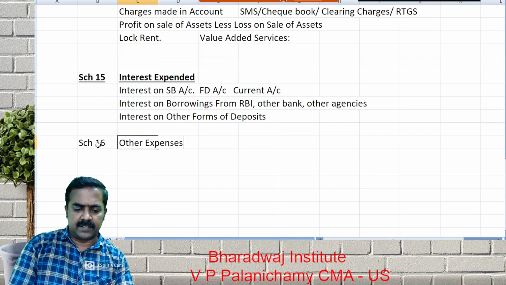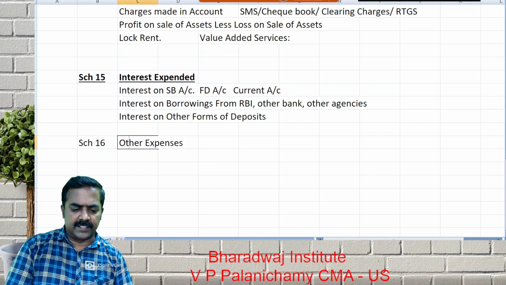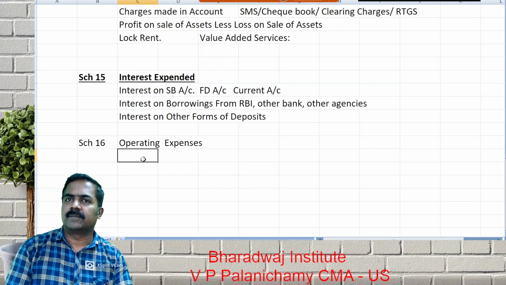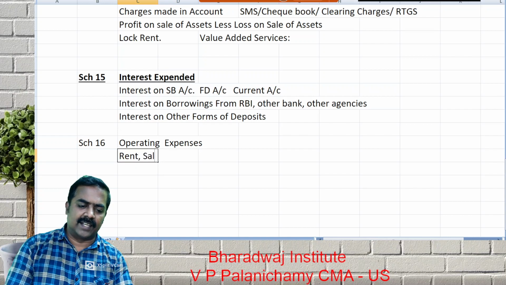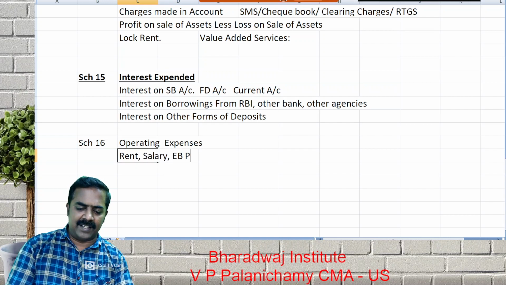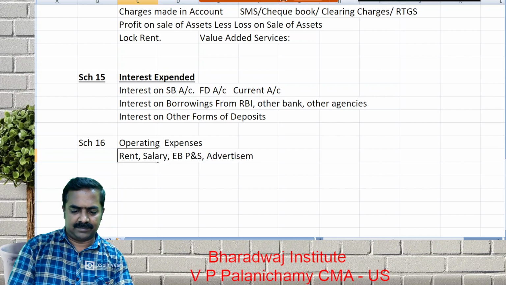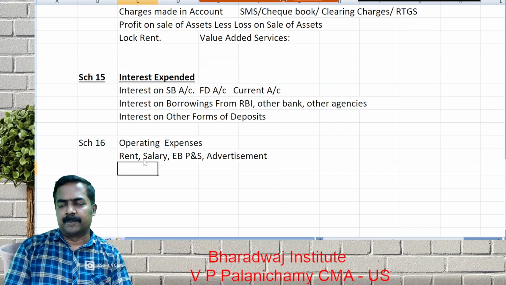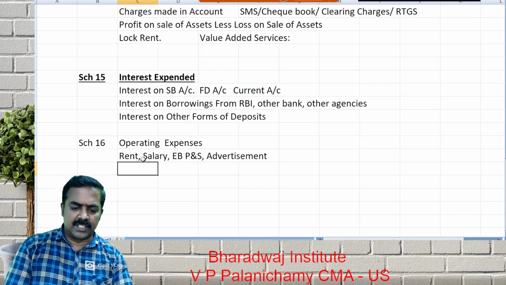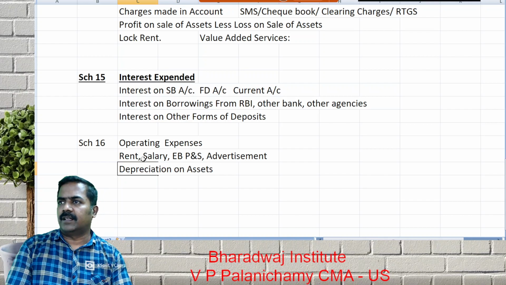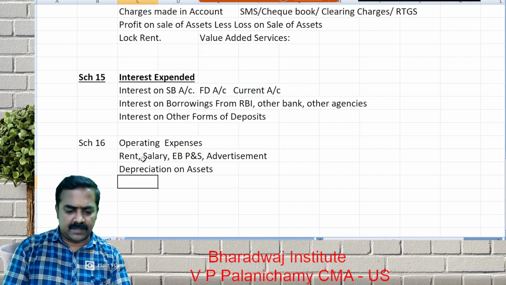Schedule number 16. Other expenses, or you can call it operating expenses also. Examples of operating expenses: rent, salary, EB, printing and stationery, advertisement, business promotion expenses, depreciation on assets.